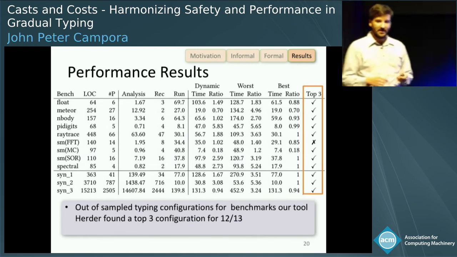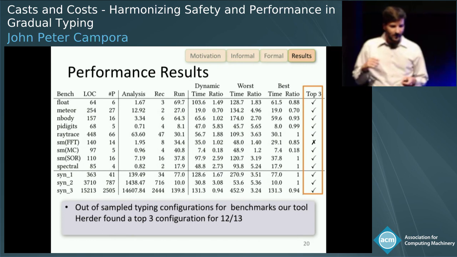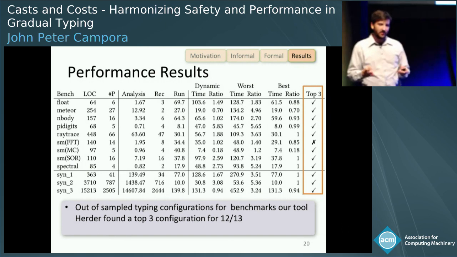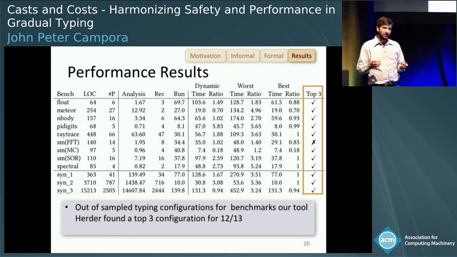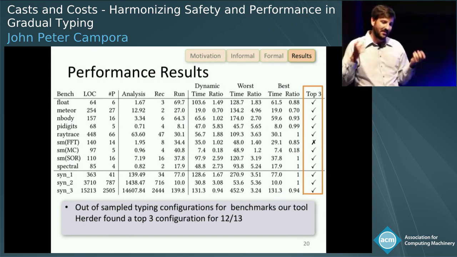So what I really want to get into now is these performance results. I took 13 benchmarks of varying sizes, and then I had the tool find the lowest cost to support the migration scenario 2 from earlier, which was just maximizing performance. So we wanted to see if our cost analysis was accurate.